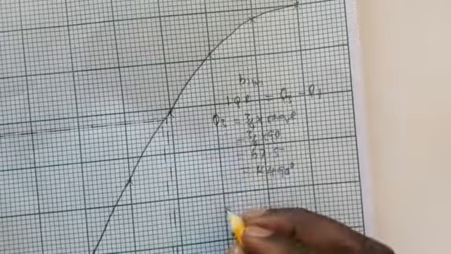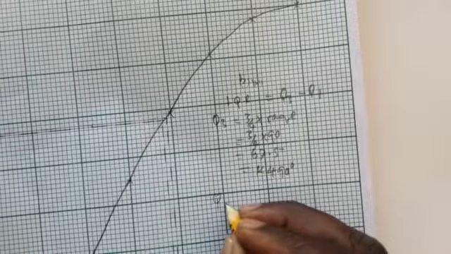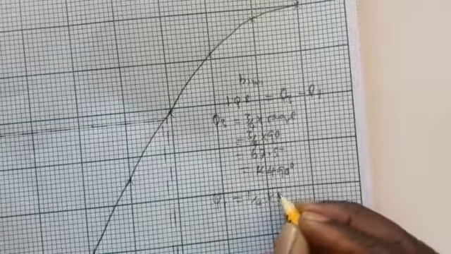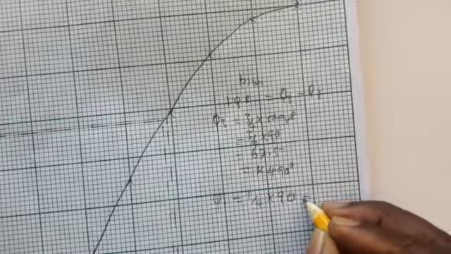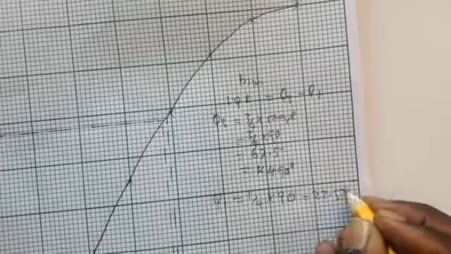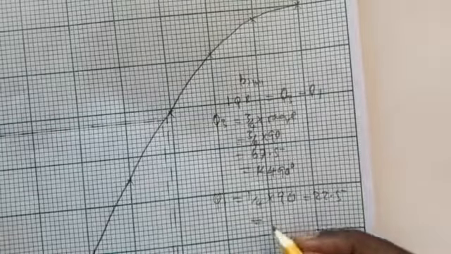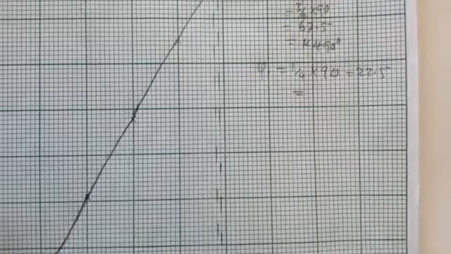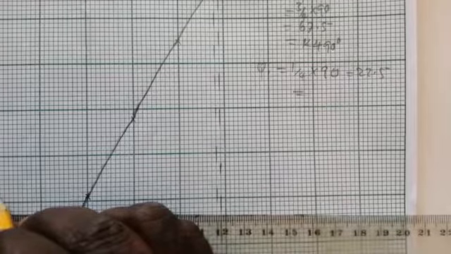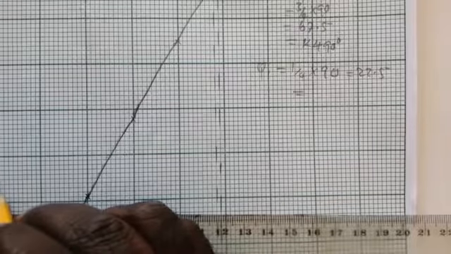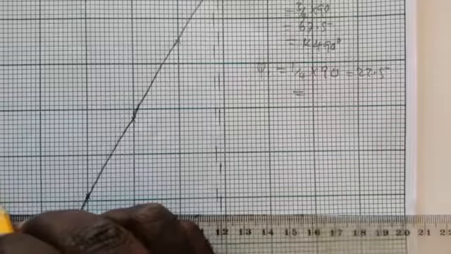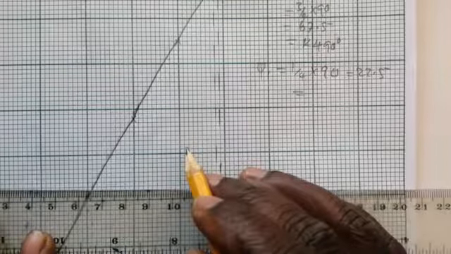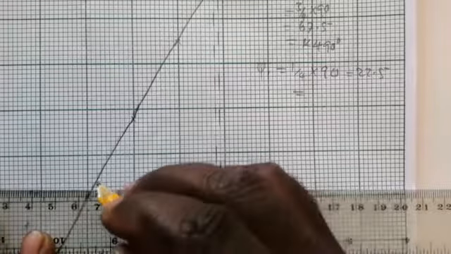Then for your Q1, it is a quarter times 90, which will give you 22.5. So 22.5, when you go on your graph, it will give you something like this.